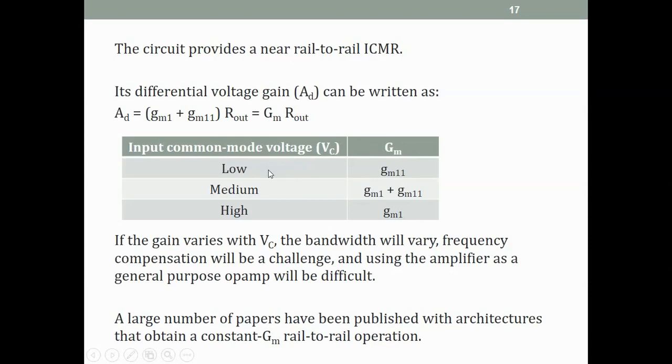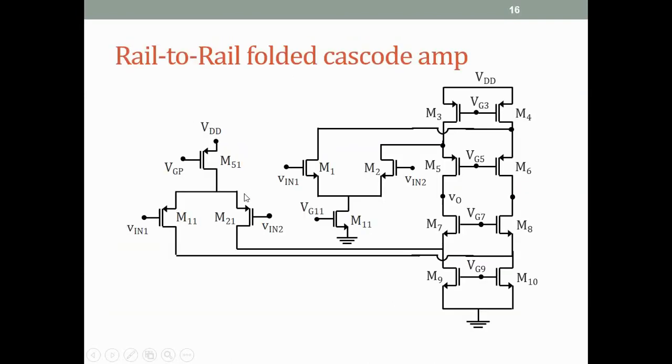When Vin1 equals Vin2 equals Vc, if Vc is low, then the NMOS transistors will not be on. As we saw, if Vc is less than 0.6 for our numbers, then these two will not be on, only this will be on, and therefore the gain expression will have only gm11.